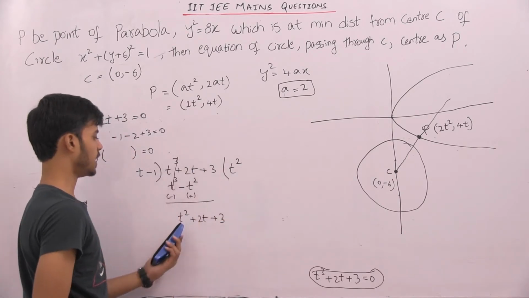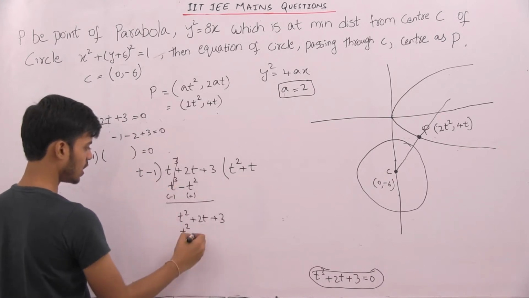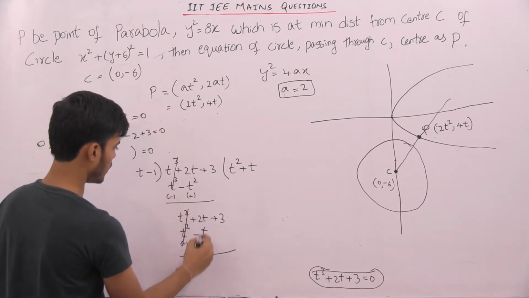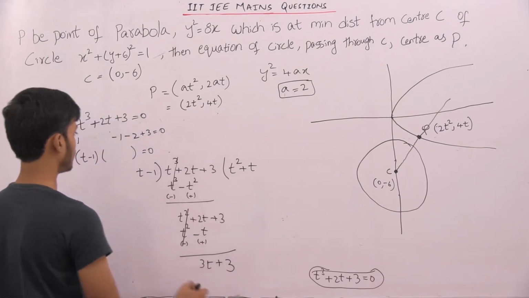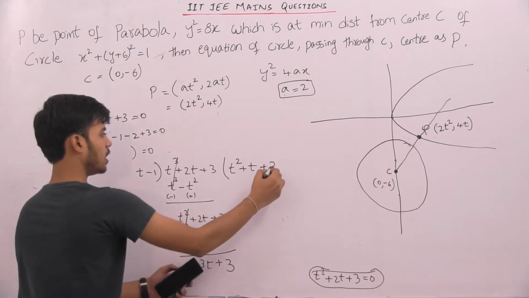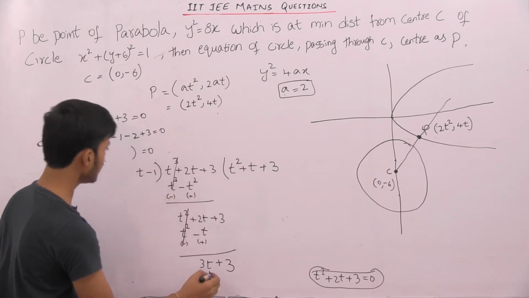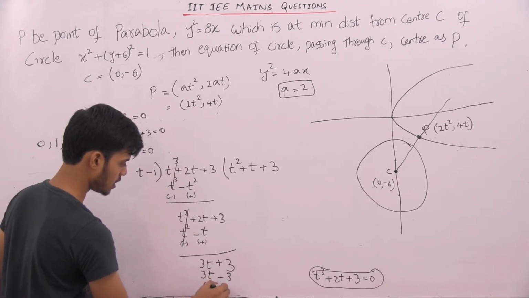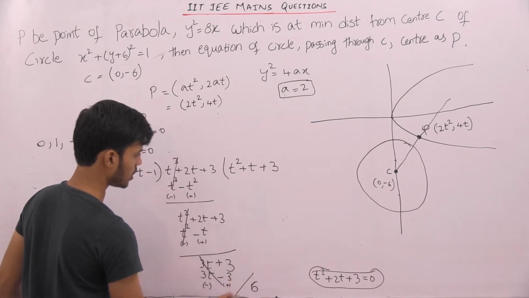We need t square, so plus t would give us t square minus t, subtracting, we have 3t plus 3. Then 3 into t minus 1 is 3t minus 3, this cancels, leaving remainder 6.